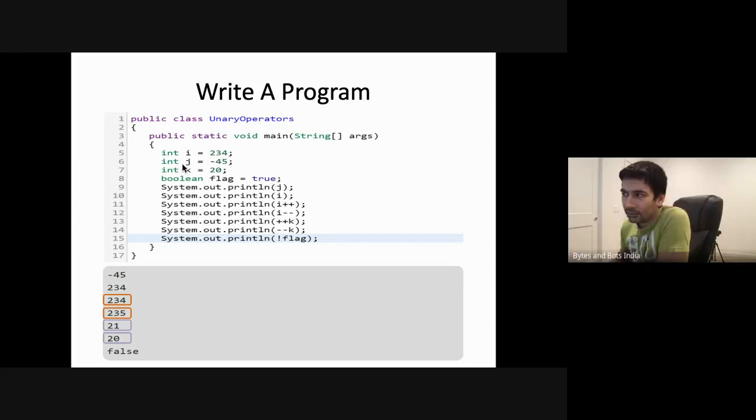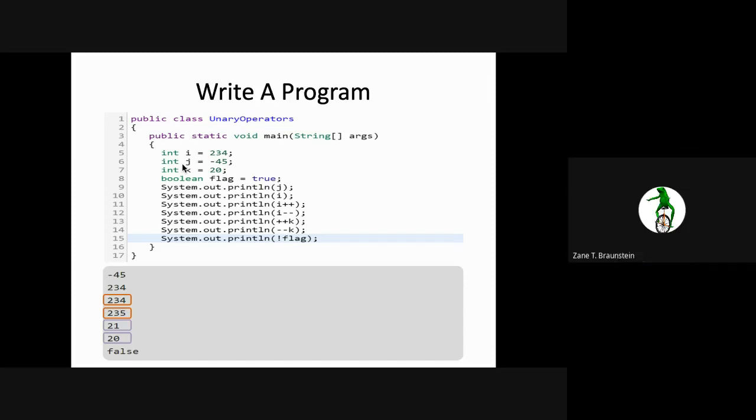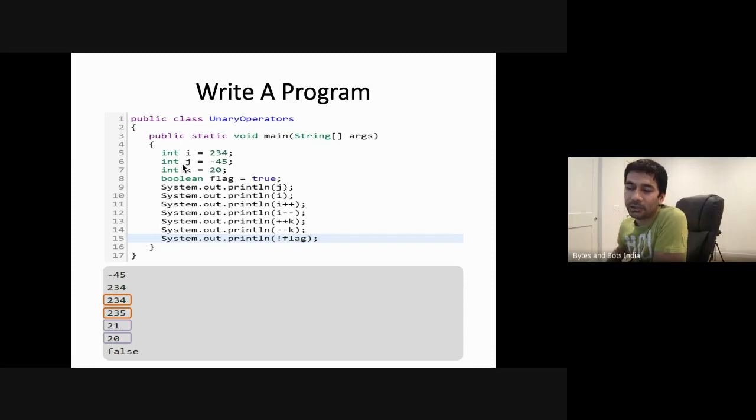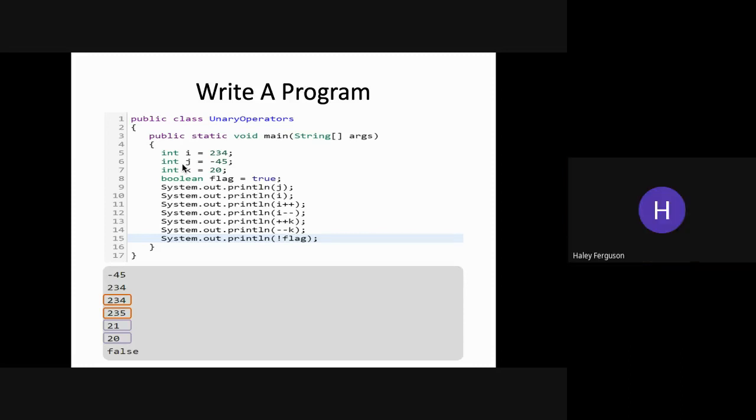Whereas if you do k plus plus instead, like I plus plus, then it will first send the value of I to print, and then it will increment the value of I. Yeah, that makes sense. At first I thought that when you print it, it doesn't change the value. It just prints k plus plus, but it doesn't actually change k. No, it changes k. So that's the difference between the prefix and the postfix.